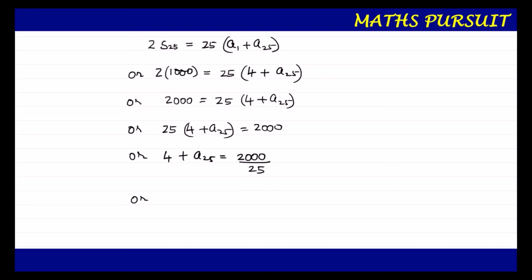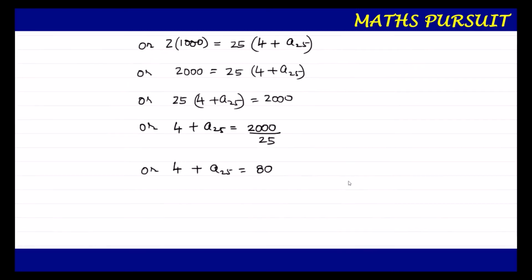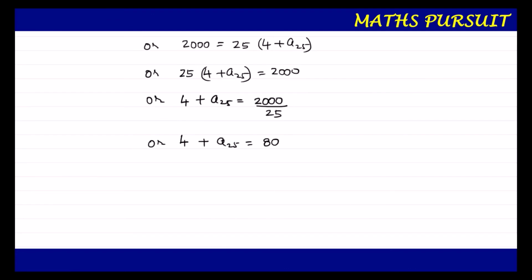I'm calculating step by step without missing any steps. 25 eights are 200, so 25 eights are 200, or I can say 80. So A25 is equal to 80 minus 4, just moving 4 from the left side to the right side. A25 is equal to 76. This is what we are looking for.